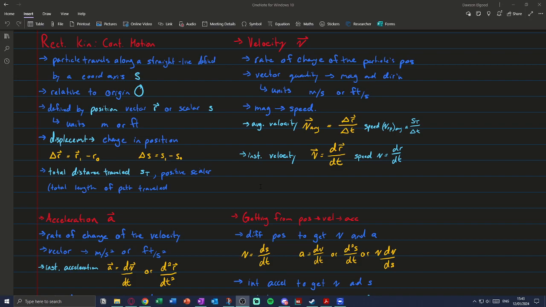For continuous motion, the particle travels along a straight line defined in a coordinate axis S, and all of this is relative to some origin point O. So the position is defined by either a vector, which is R with a little hat on it to signify it's a vector.